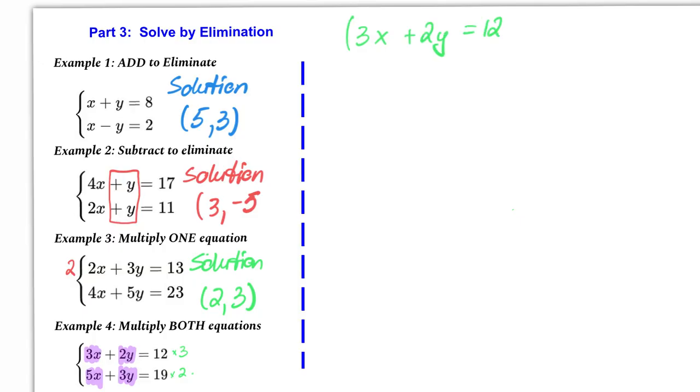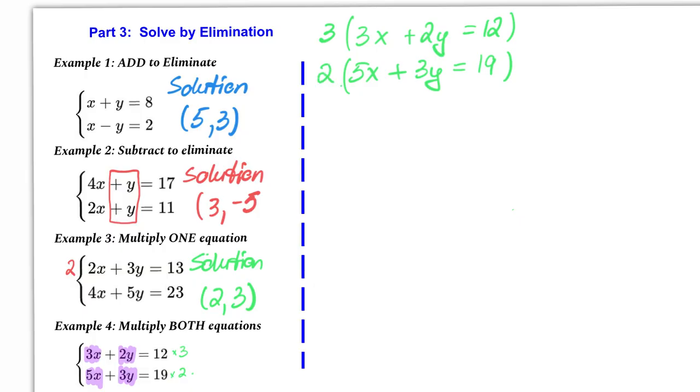The first one, let's write that we're going to multiply by 3. And then the second one, we're going to multiply by 2. So I'm going to rewrite the second one as well.